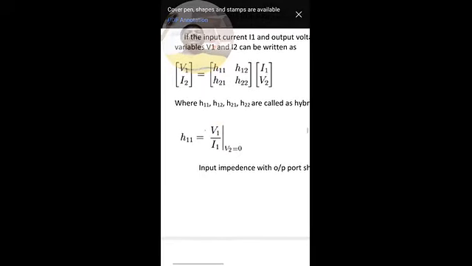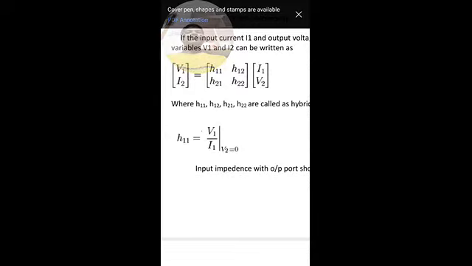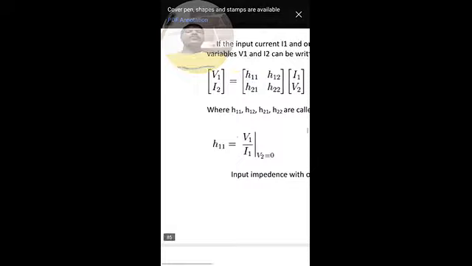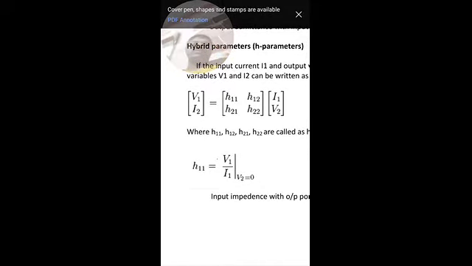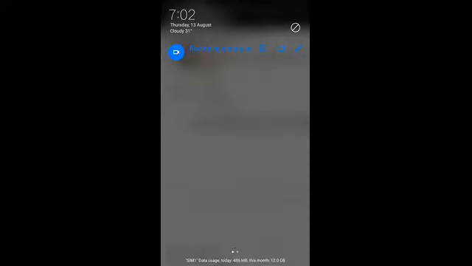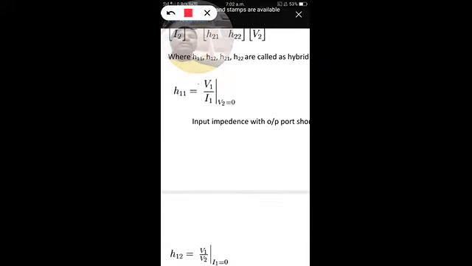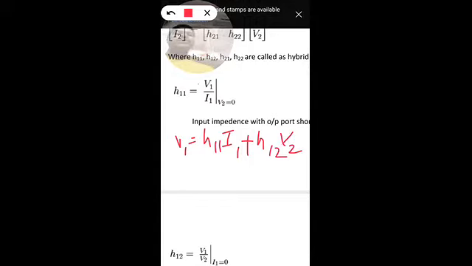We can write the equation for H11. The input voltage V1 is equal to H11 times I1 plus H12 times V2.